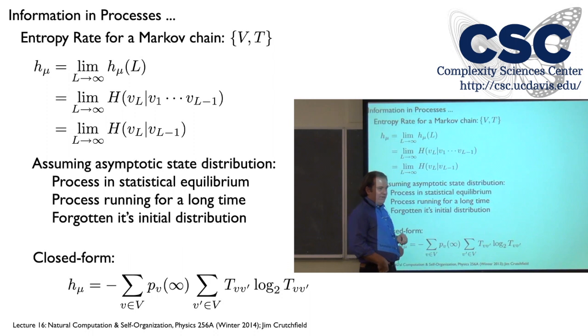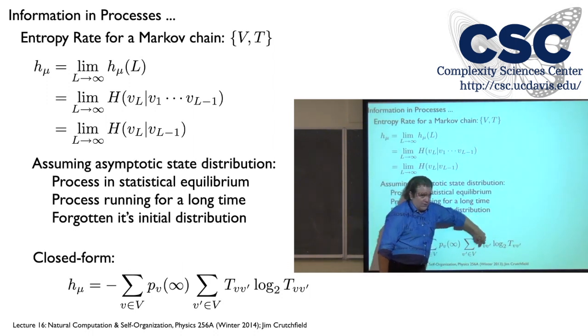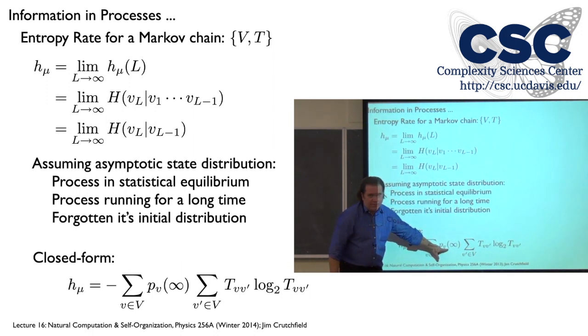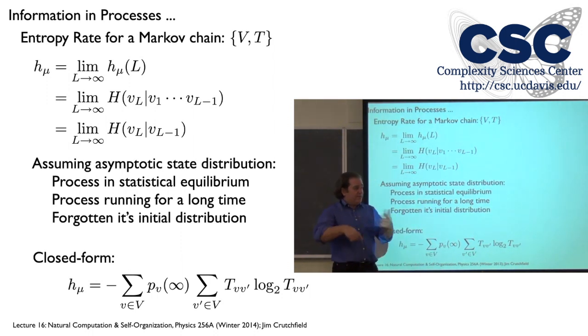I go to each state, state B, and I look at the transition structure. How many states can I go to? C, D, and F with equal likelihood. Then there's a transition uncertainty, and then I just weight that with the state probability. So again, this is calculated directly from the transition matrix, left eigenvector normalized in probability. So that tells us how probable the states are in the Markov chain.